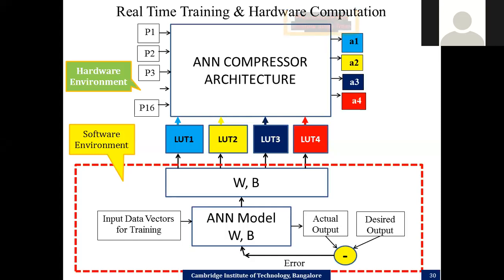Excuse me, sir. Yes, madam, please. One more question, sir. In an ANN model, the error input will be given, and it will calculate weights and bias, and then these will be given to the LUT. So based on the values of W and B, we will have totally new values to be entered into the LUT, and it will take some time for the calculation.